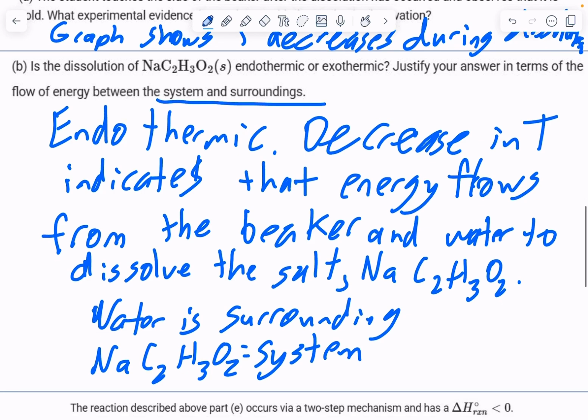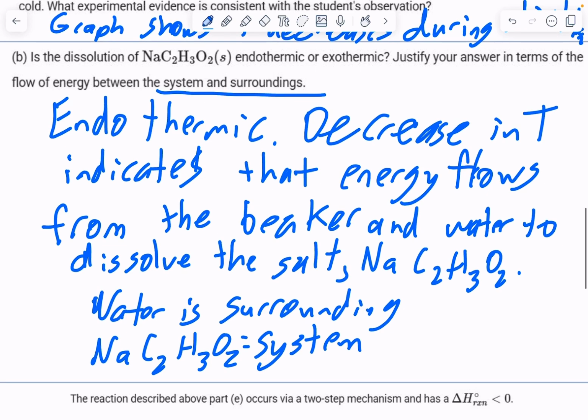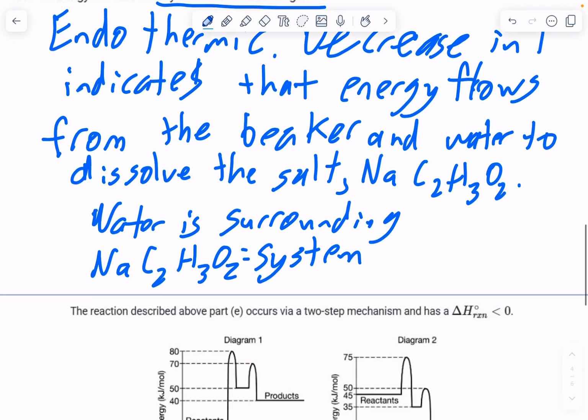That shows and explains that because energy is flowing from the surrounding water and beaker into the salt, which is our system, that's an endothermic process. Endothermic is where heat is being absorbed; exothermic is vice versa, where energy is being released.